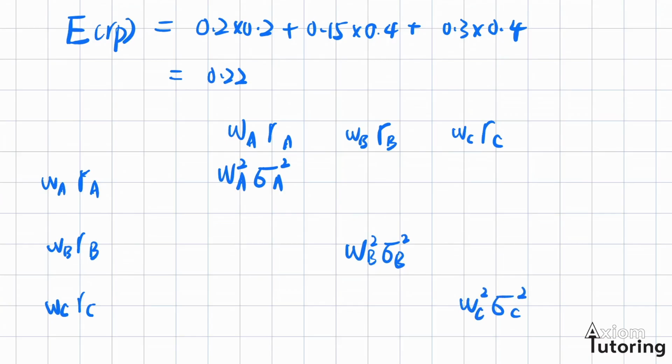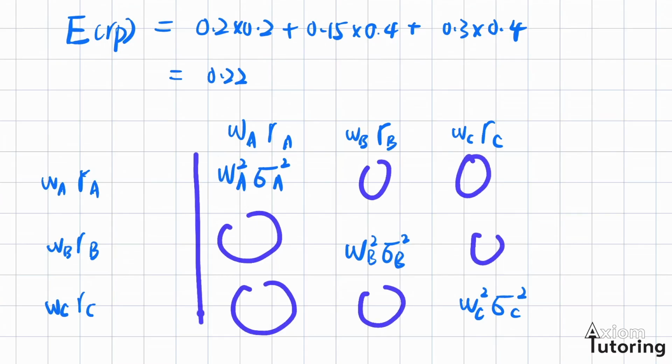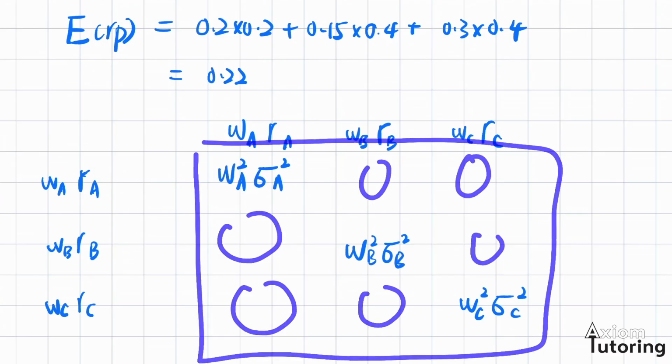So on the diagonal here, as you can see, they're just the variances for the returns, but don't forget about weights as well. So what about the other parts here? There should be 9 different terms in total, because you have 3 different stocks.